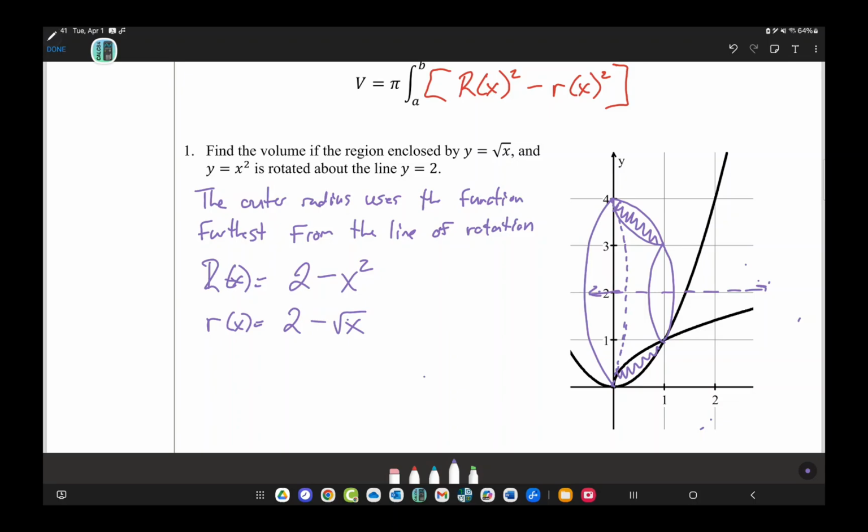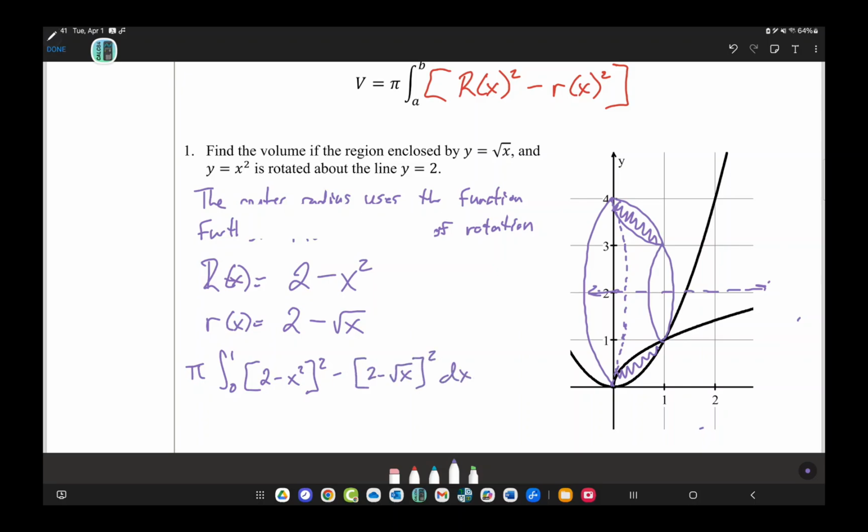If it was below, it would be the function minus the line. So that gives me pi times the integral from 0 to 1 of (2 minus x squared) squared minus (2 minus square root of x) squared dx.